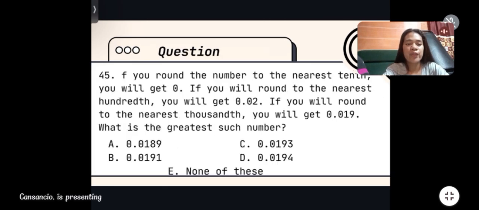Number 45. If you round the number to the nearest tenth, you will get 0.0. If you round to the nearest hundredth, you will get 0.02. If you round to the nearest thousandth, you will get 0.019. What is the greatest such number? A. 0.0189, B. 0.0191, C. 0.0193, D. 0.0194, or letter E. None of these.